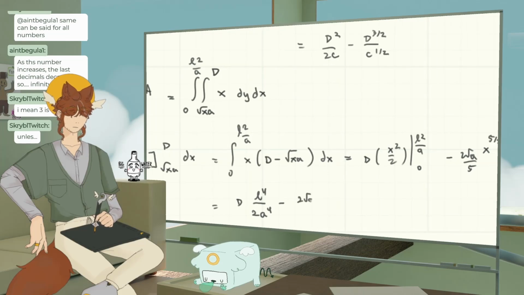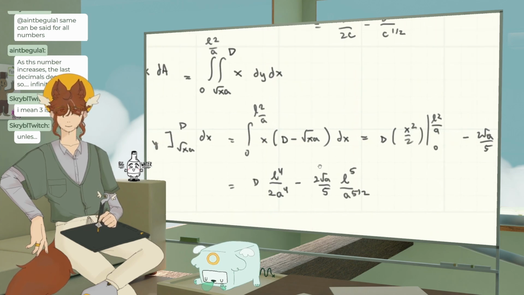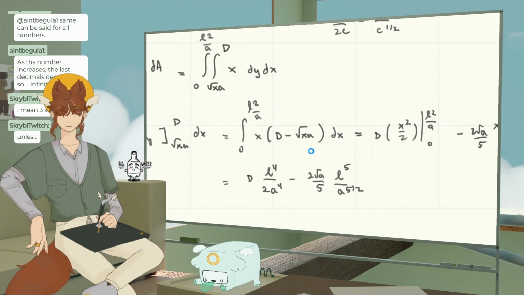Minus 2 root a over 5 L. Oh, L to the 5th over a to the 5 halves. Great number, everybody. Big claps.